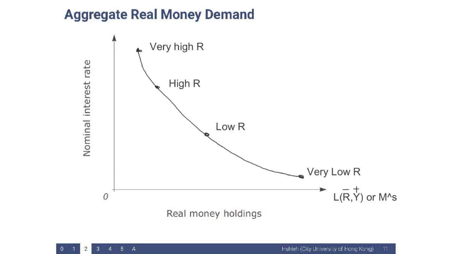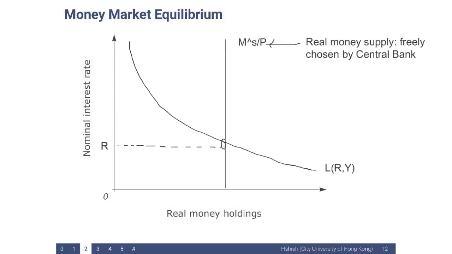All right, let's look at the market clearing condition, or what it looks like visually. Again, same axes here: nominal interest rates on the y-axis, real money holdings on the x-axis. We have a downward sloping curve for liquidity demand, and as you all know, the central bank is the sole institution that can control the quantity of money at any point in time.